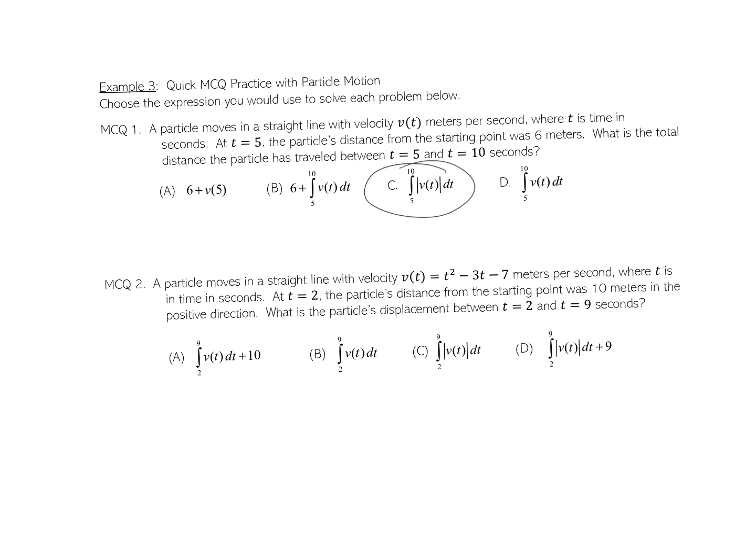So let's look at number 2. A particle moves in a straight line. V of t equals t squared minus 3t minus 7, where t is in time. At time 2, the particle's distance from the starting point was 10 meters in the positive direction. What is the particle's displacement between 2 and 9? I'll give you a couple minutes to think about that one.